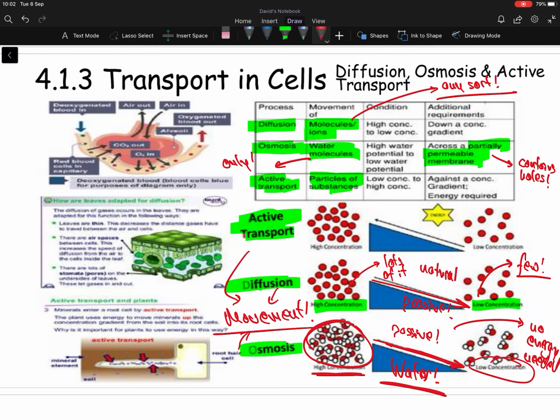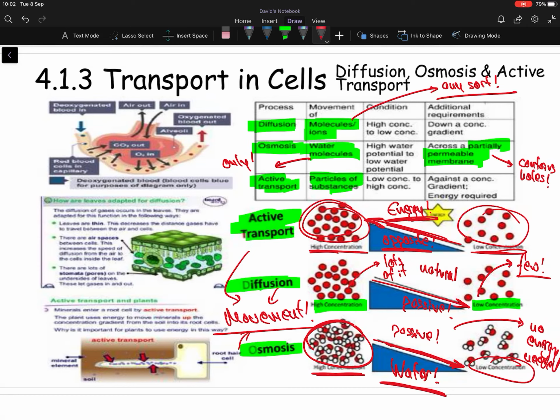The final thing is active transport. Now, active transport, you've got to think about, is the opposite. So it's moving substances from where there is a low concentration to where there is a high concentration of it. Now, because it's different, this process requires energy.